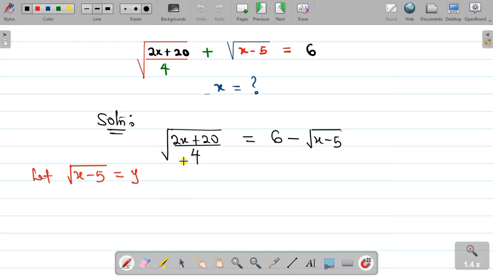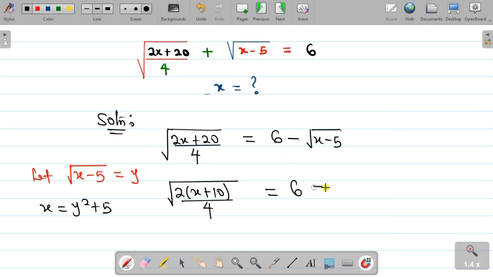So if I do that, remember we got x as y squared plus 5. Okay, so I'm going to substitute it here now. Meanwhile, you know that you can actually factorize 2 out here to give us x plus 10 over 4, and then this one will now be 6 minus y.